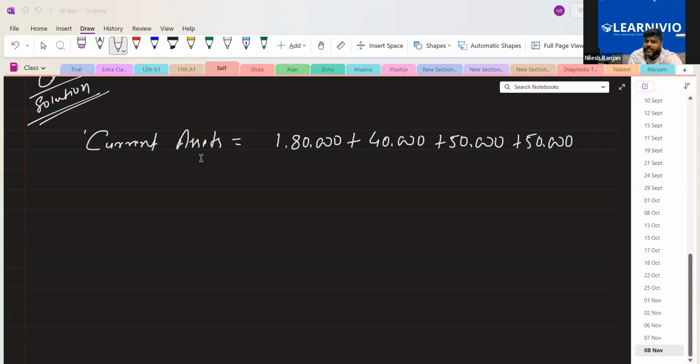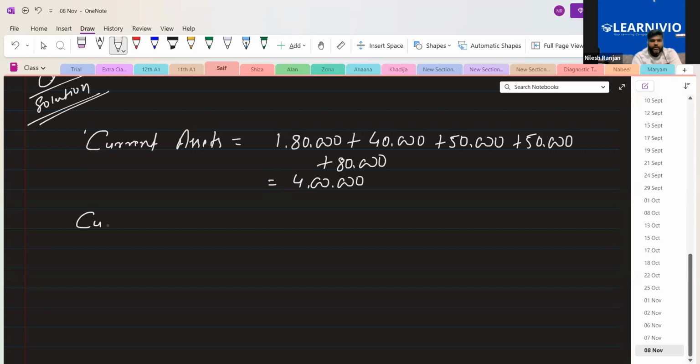Land and building is a non-current asset. It will not be included. Bills payable is a current liability. Creditors, current liabilities. Debenture, non-current liability. It will also not be included. Inventories, 80,000, so plus 80,000. 1,80,000 plus 40, 220, 320, 4 lakh. So the current assets are 4 lakh.